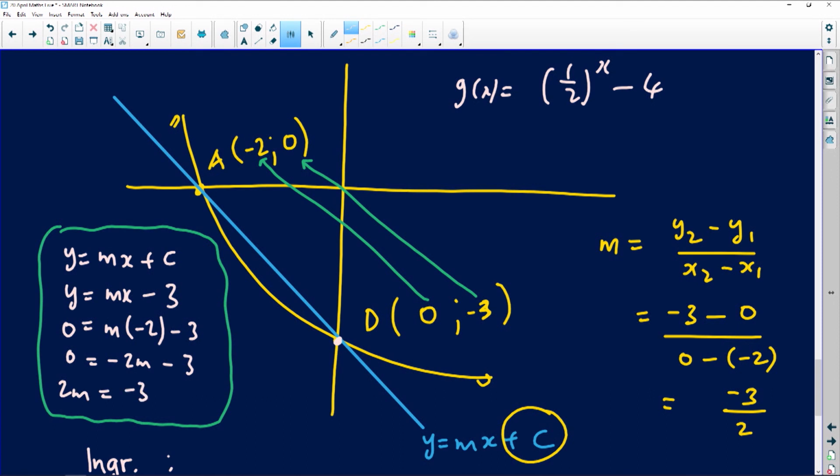If you divide both sides by 2, you will end up with the gradient m equals -3 over 2, which is exactly what we found as we were working out the gradient. From then, you will say, examiner, that means the equation is y equals the gradient times x, and you've got -3 there. That's the equation using two different forms of finding the equation of a straight line. I hope this helps you to understand what is going on.